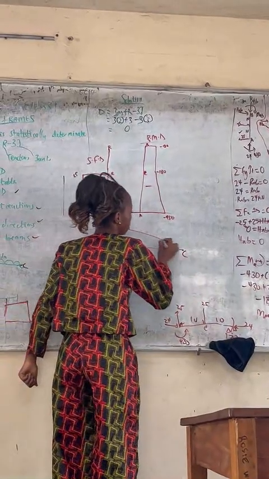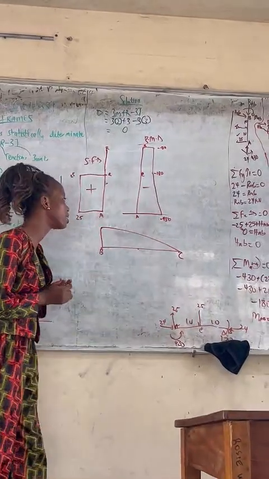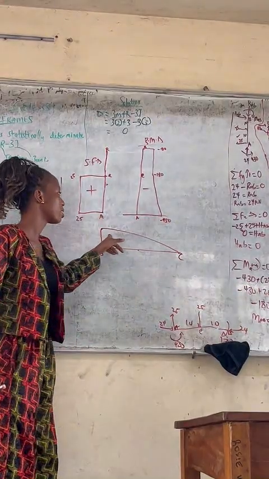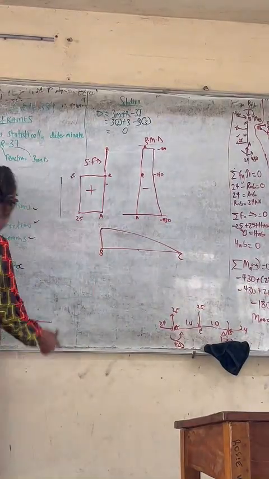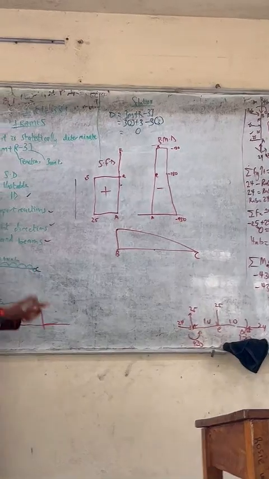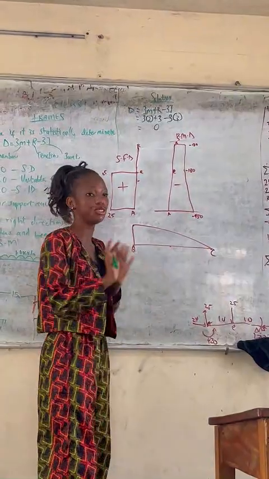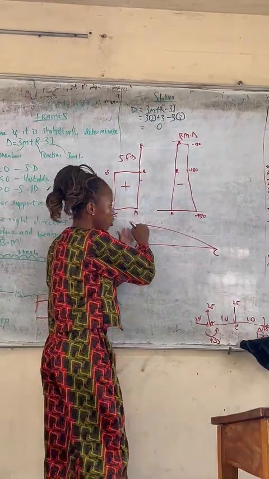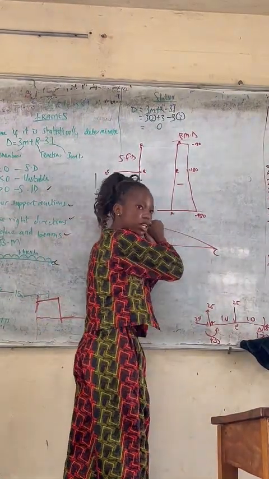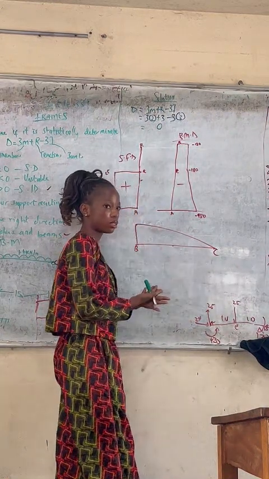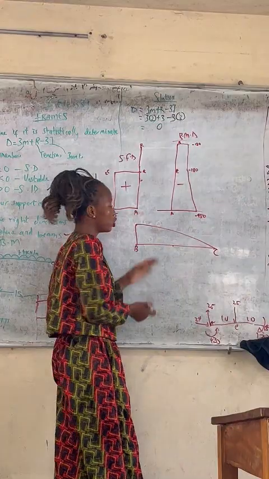Now, why is this straight, and why is it coming down? It's a uniformly distributed load, and we don't know how it is distributed. It is just showing that the load is distributed all around it. Do you get it now?